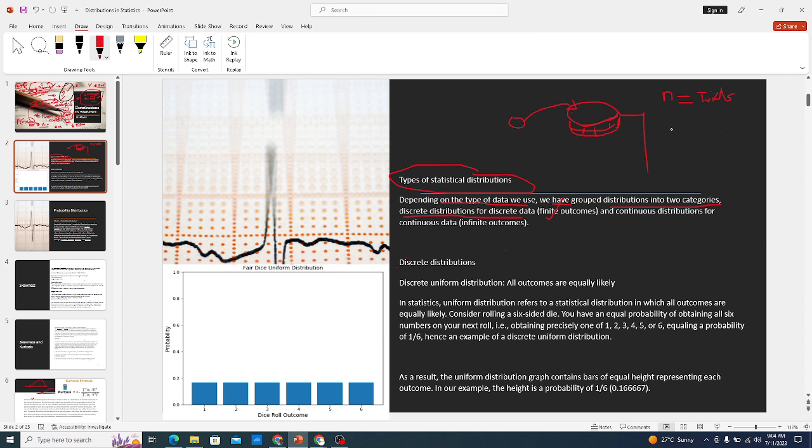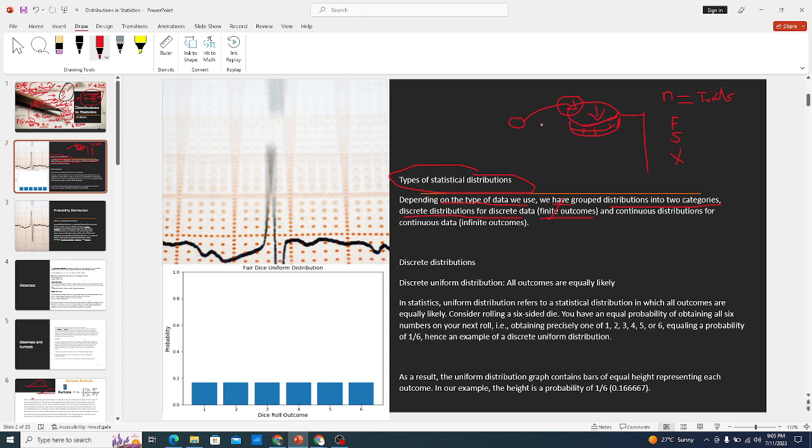We have here two possible outcomes. That's why we are saying finite outcomes. It's either the ball successfully goes through the basket, or the ball fails to go through the basket. So we have what we call a fail and a success.